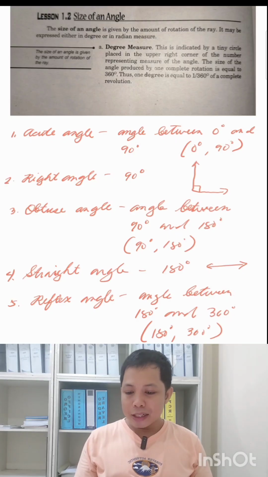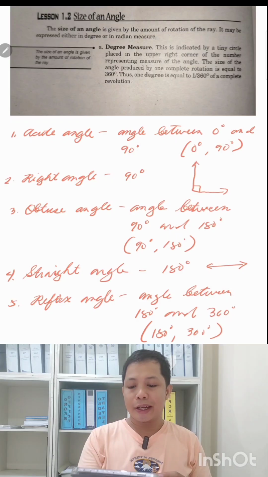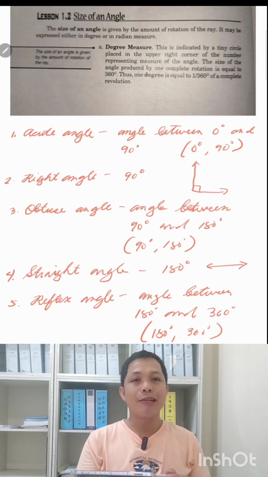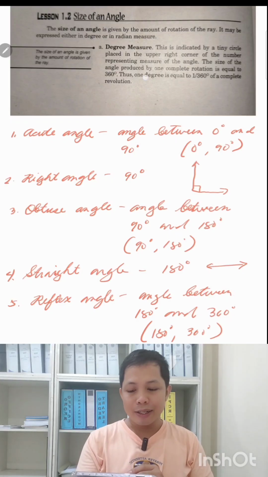Now let us proceed to the degree measure. The degree measure is indicated by a tiny circle placed in the upper right corner of the number representing the measure of the angle. The size of the angle produced by one complete rotation is equal to 360 degrees.